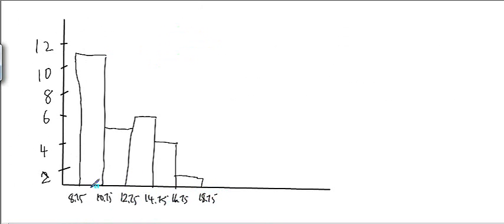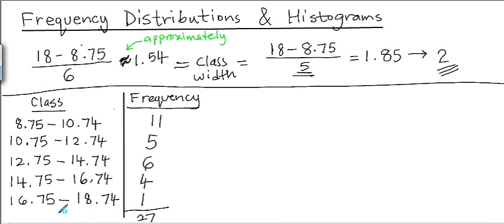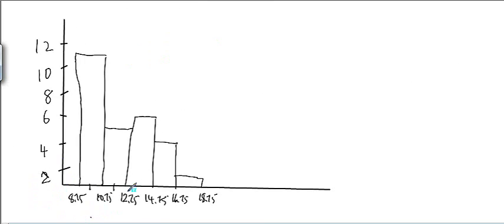Right, or you can fill in the middle, calculate the midpoint between these two and fill that in if you want. Okay, but just looking at this histogram, we can tell that most of our data is in the first class, right? Most wand lengths are between 8.75 and 10.75. Okay, and very few are larger than 16.75 inches. Okay.